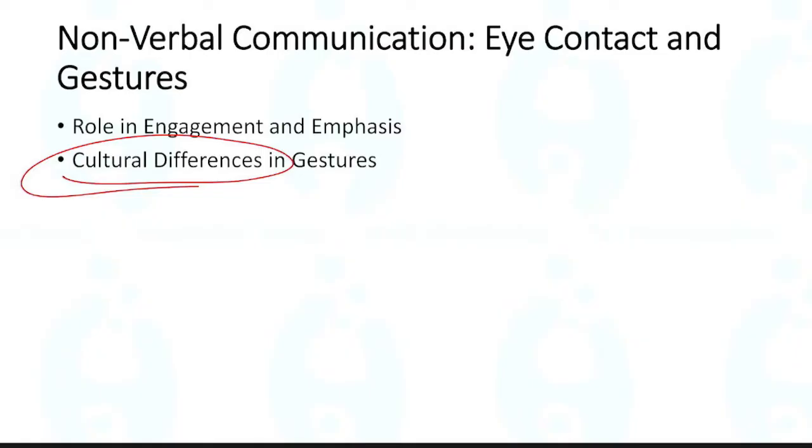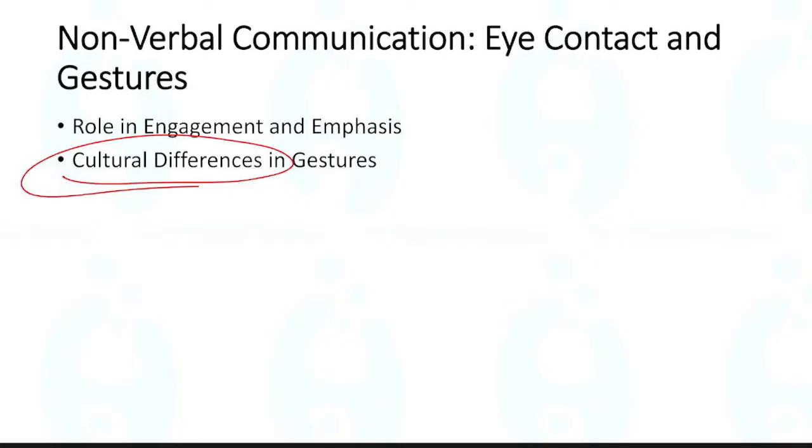This head bobbing is present mostly in Indians or South Asians. It is not present in Westerners. So if they're asking us something and we are just nodding our head, they might not understand whether we are agreeing or disagreeing with them. We have to tell them. So cultural differences matter in the case of gestures.